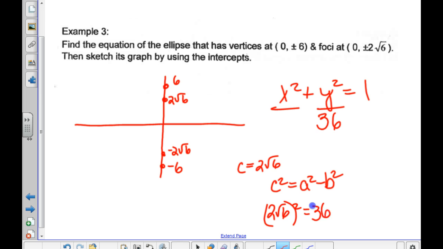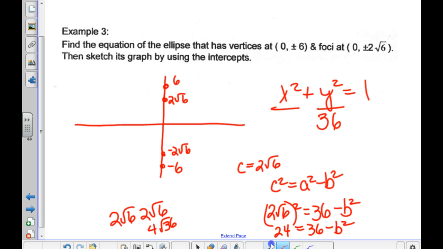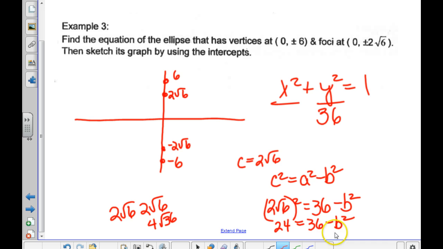We know 36 goes here, right? 2 square roots of 6 times 2 square roots of 6 is 4 times the square root of 36, which is 24, equals 36 minus B squared. Yeah, B squared is 12, right?